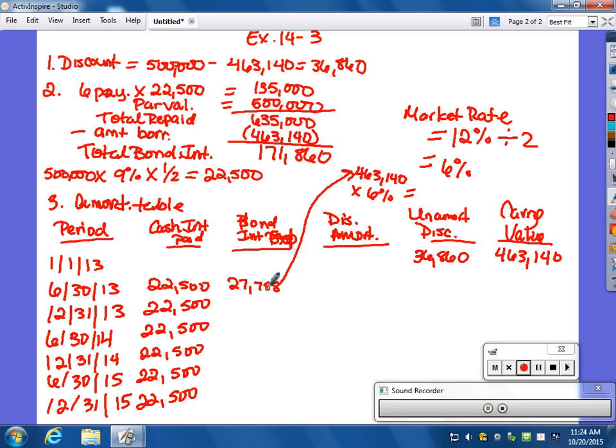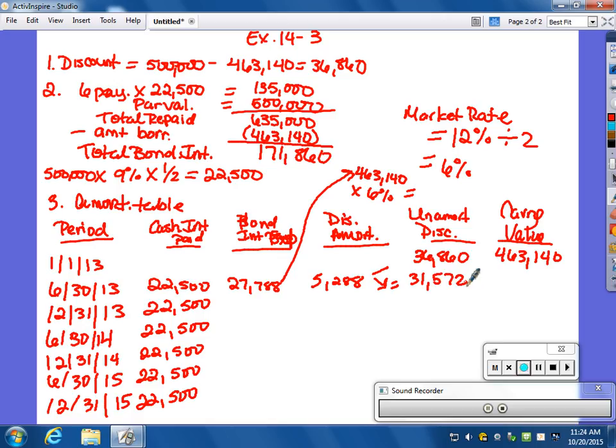That's the discount amount. 5,288. Now the unamortized discount: you take this 5,288 and subtract it from the unamortized discount of 36,860, which equals 31,572.